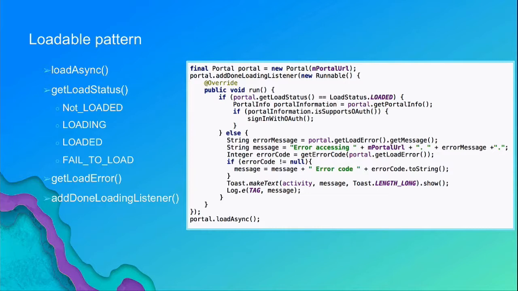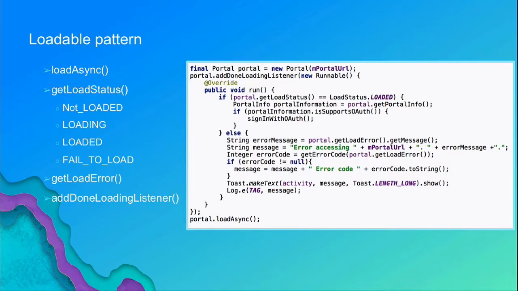Here's an example of loading a portal. The portal object implements the Loadable interface. So you can add a done loading listener to this object and load this portal object.